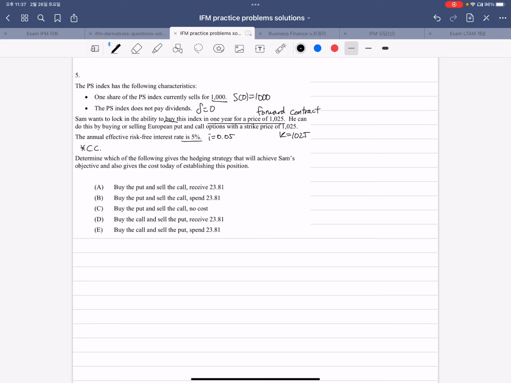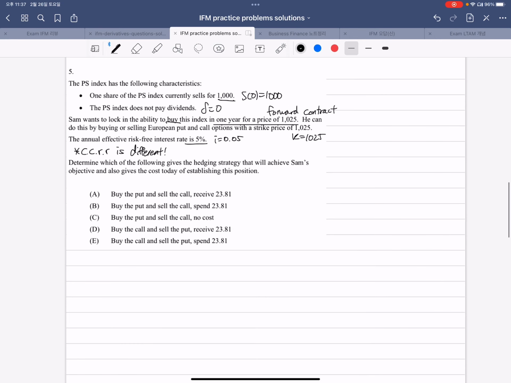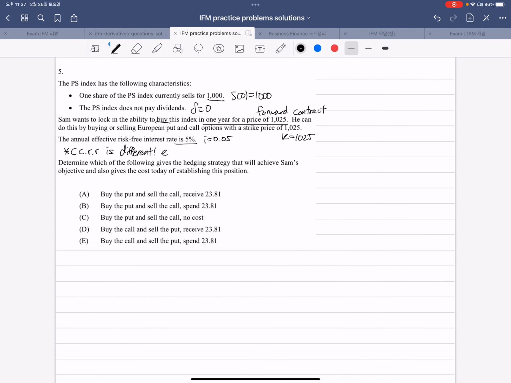the continuously compounded risk-free rate, I'll just write CCRR, is different from the annual effective risk-free rate. If you're given the continuously compounded risk-free rate in the question, we use e to the r to accumulate certain values.